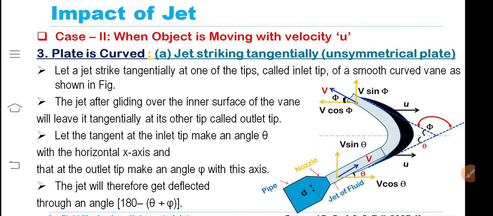Without drawing velocity triangles at inlet and at outlet, no numerical problem can be solved. Is it clear? Now we will see.